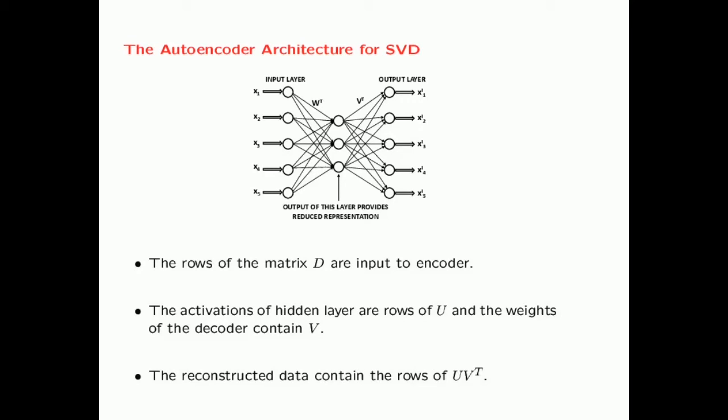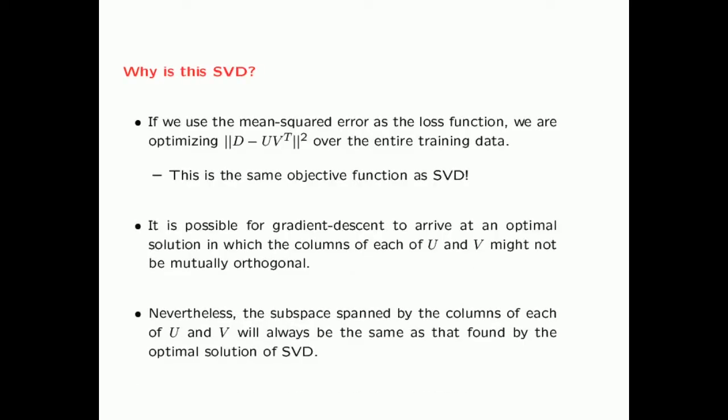Since the operations of a neural network are essentially matrix multiplications, the outputs of the output layer will be obtained by taking the hidden layer activation vector and multiplying it by V transpose. So the output layer will contain the rows of U V transpose. Now this is exactly the form of factorization in SVD.